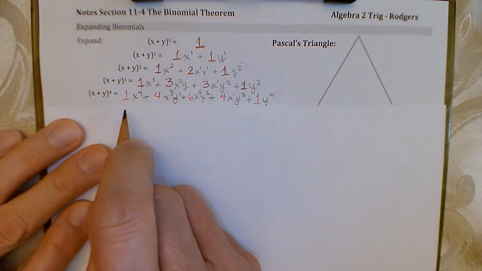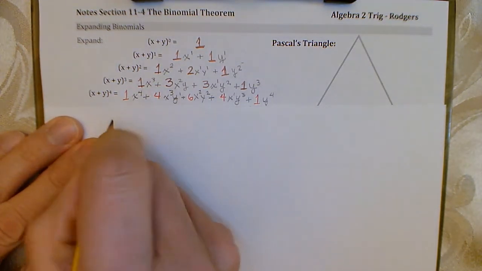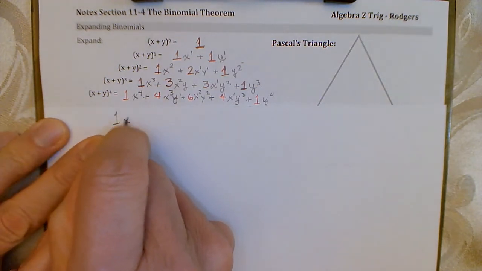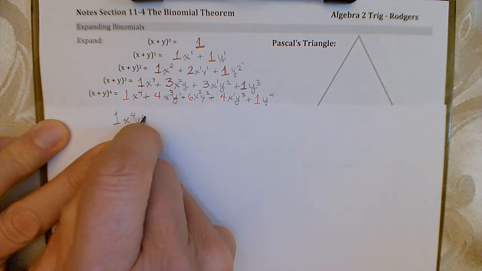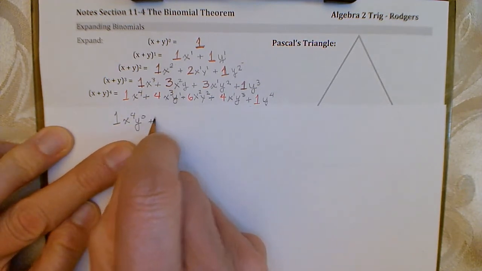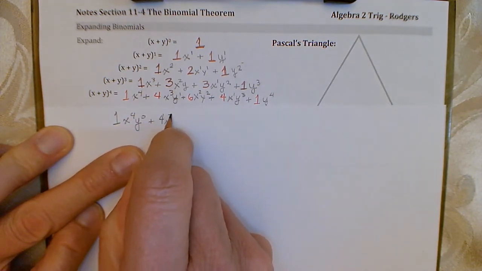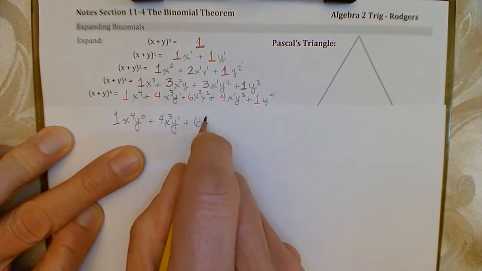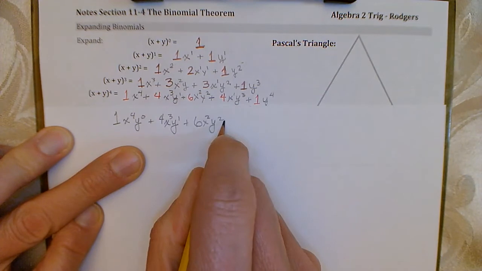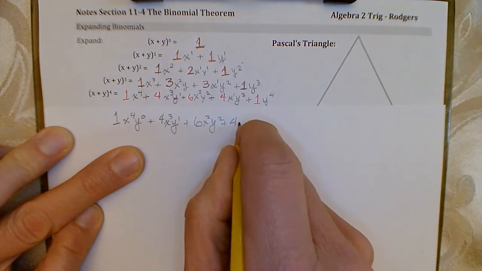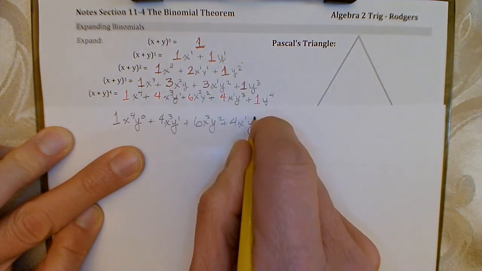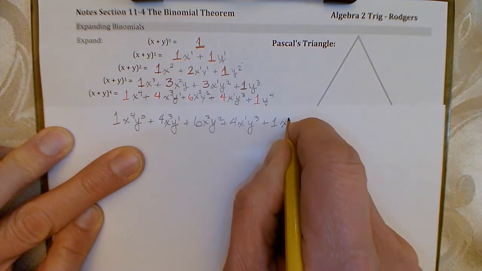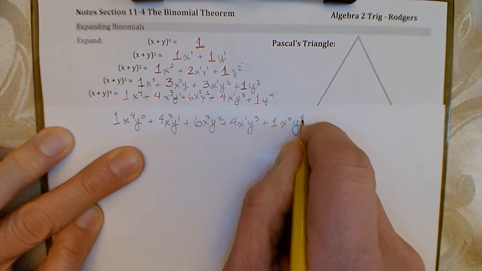Now, it might be even more helpful to do the following. Write this as 1x to the 4th y to the 0 plus 4x cubed y to the 1 plus 6x squared y squared plus 4x to the 1 y to the 3rd plus 1x to the 0 y to the 4th.